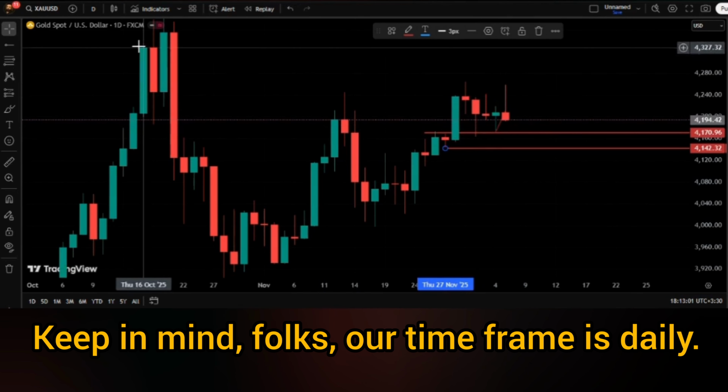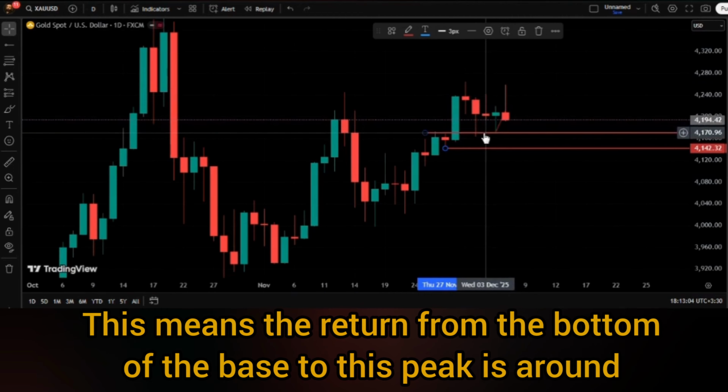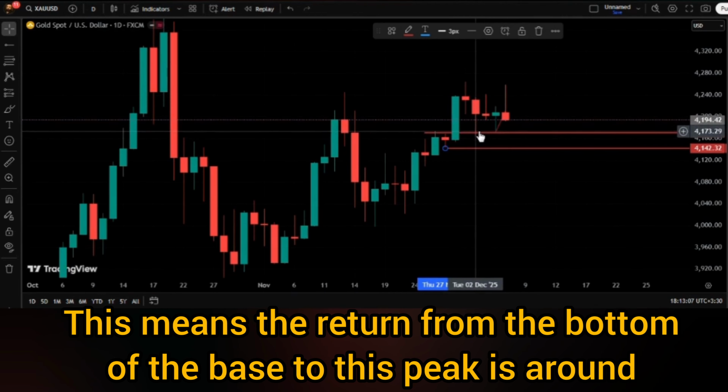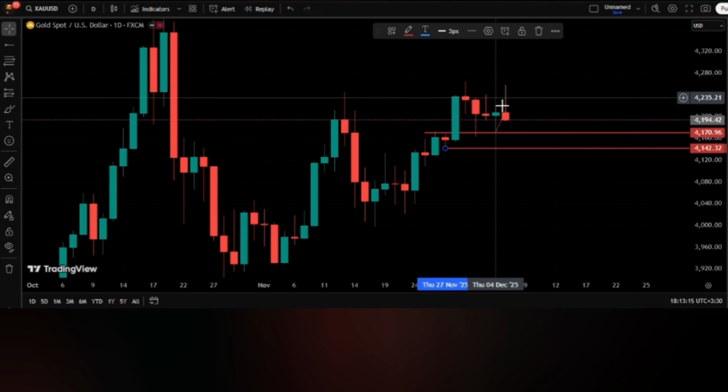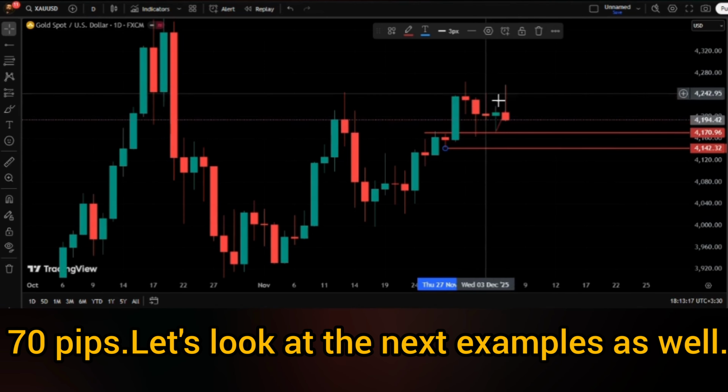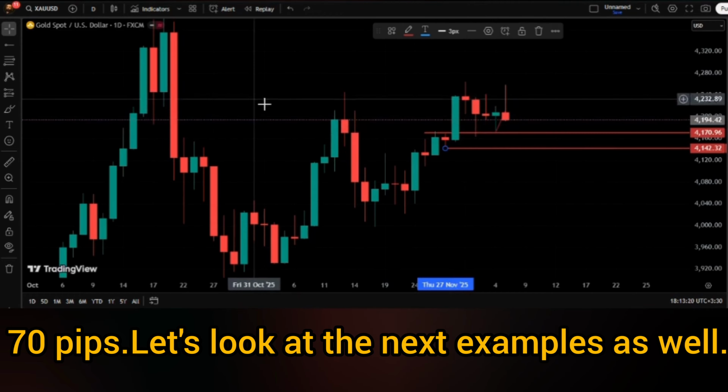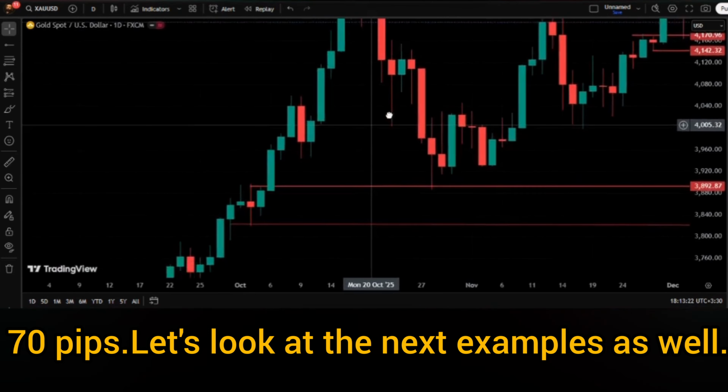Keep in mind, folks, our time frame is daily. This means the return from the bottom of the base to this peak is around 70 pips. Let's look at the next examples as well.